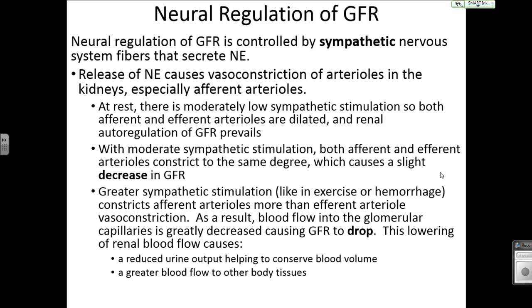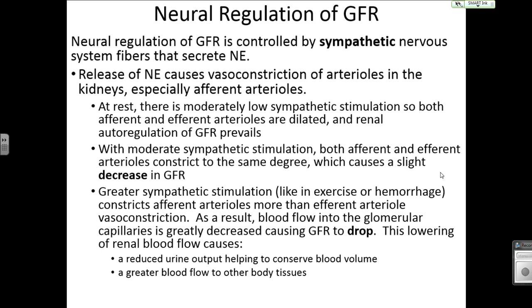As a result, GFR drops significantly, which allows for reduced urine output, helping to conserve our blood volume. We don't lose as much water. That's great, especially when we're exercising, okay, for a variety of reasons. And we then can distribute that blood to the tissues that need it.